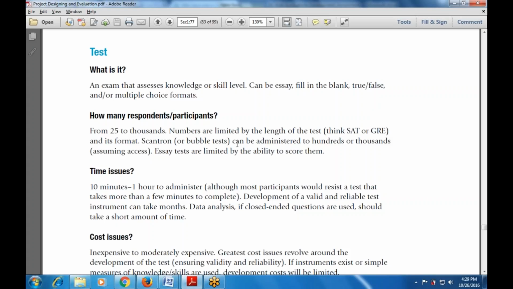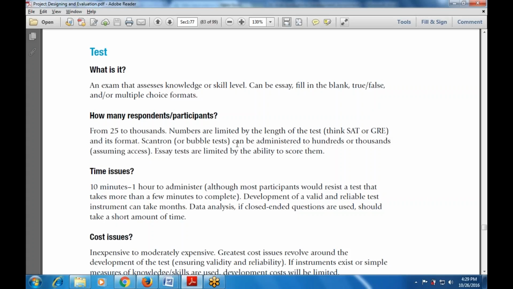The development of a valid and reliable test instrument can take months. Data analysis, if closed-ended questions are used, should take a short amount of time.